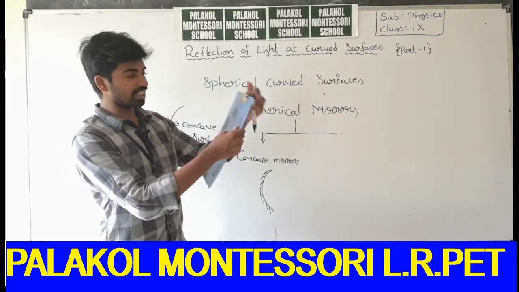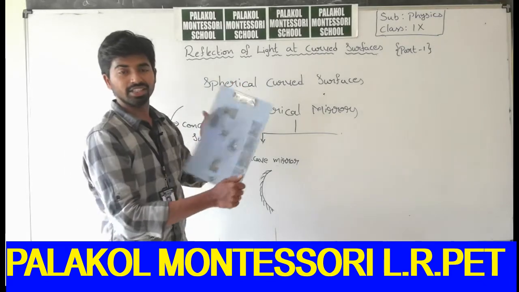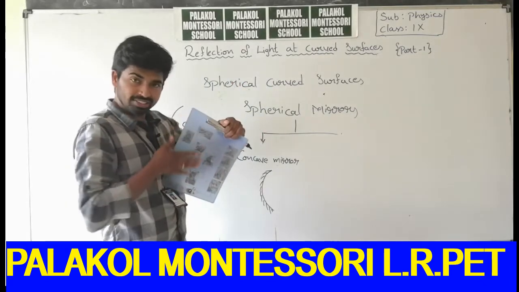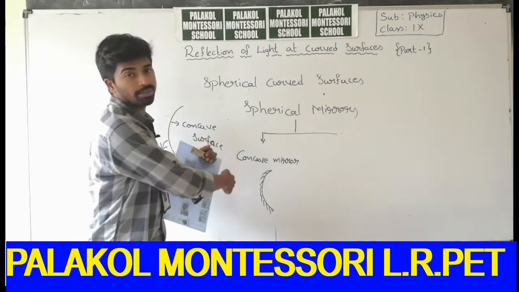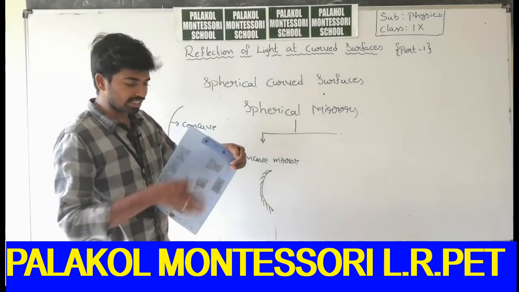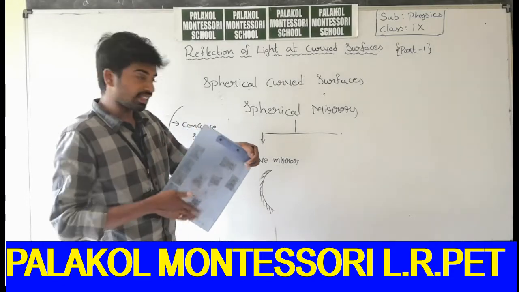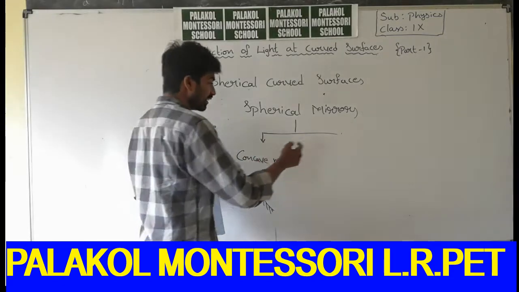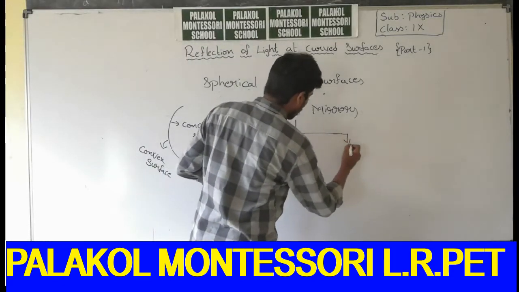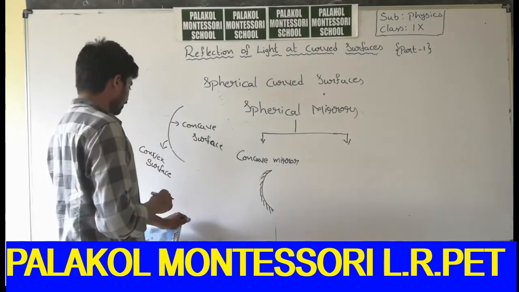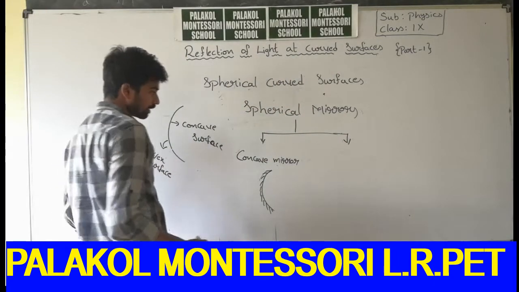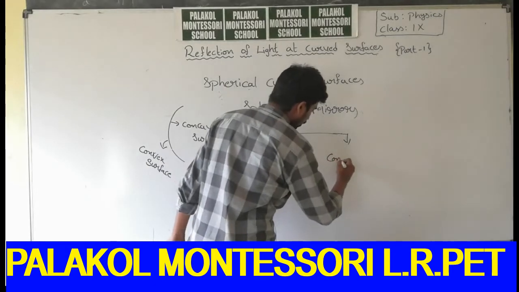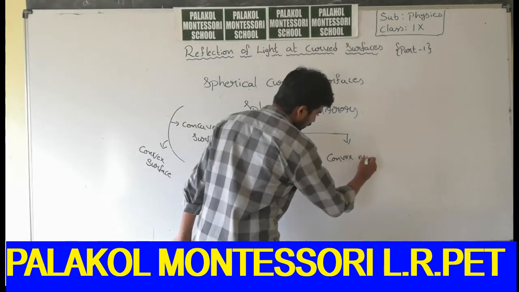If the reflecting surface is on this side, it is a concave mirror. If the reflecting surface is present on the convex surface, then it is a convex mirror.